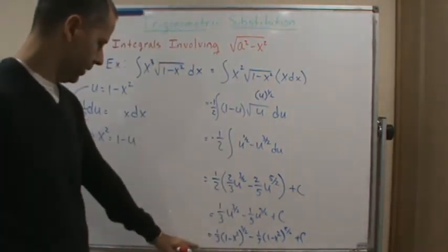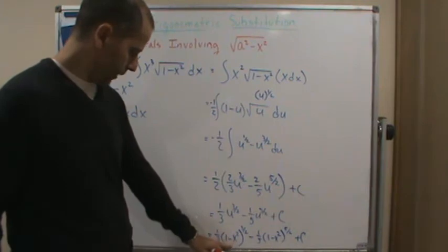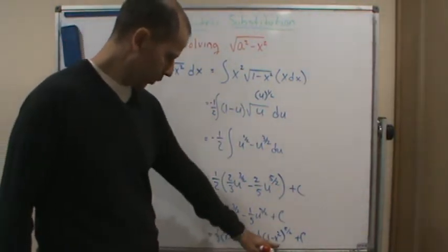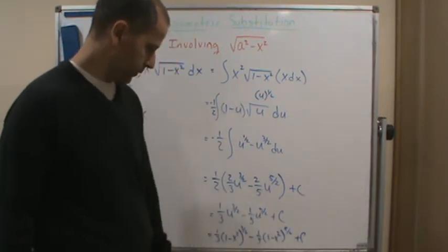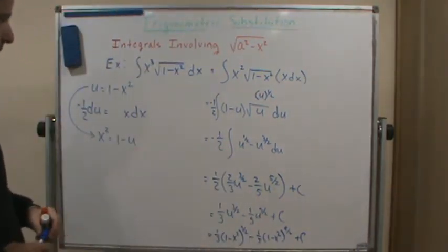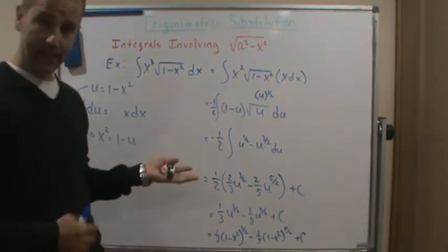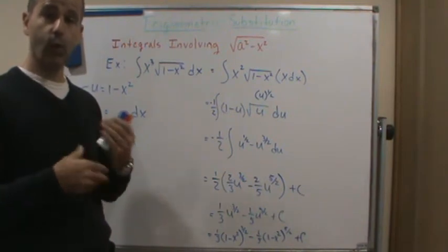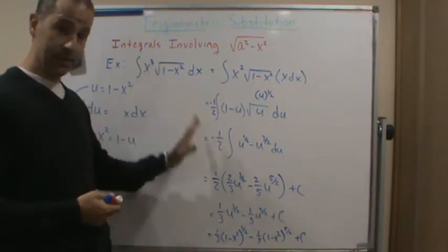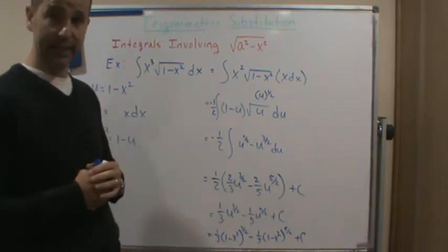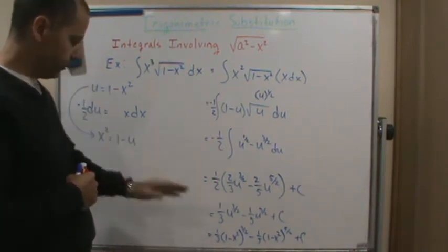So that's my answer. So I get 1/3, 1 minus x squared to the 3/2 power minus 1/5 times 1 minus x squared to the 5/2 power plus the constant c. And I'm done. Okay? So that's the easier way of doing it, if you see it, right? So again, always look for an easier way to solve these if it exists. Again, it may not exist, but that's the answer.